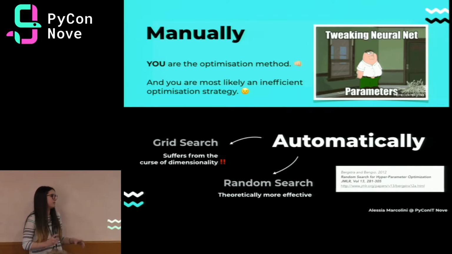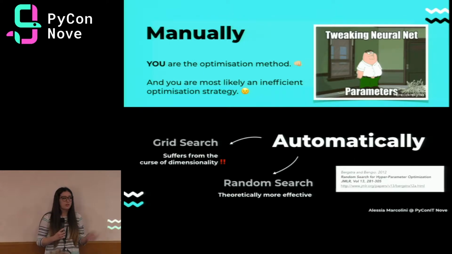You basically set a search space for your hyperparameters, and you select the values you want to try, and then you try to train your network using all the combinations of these values.